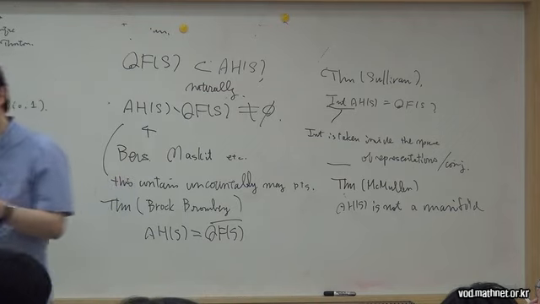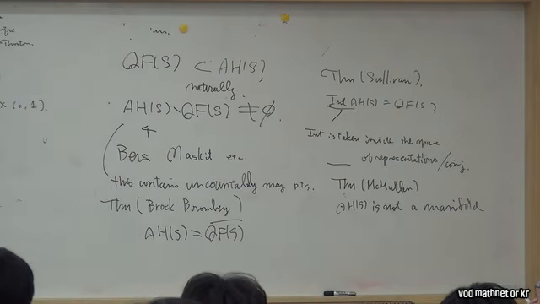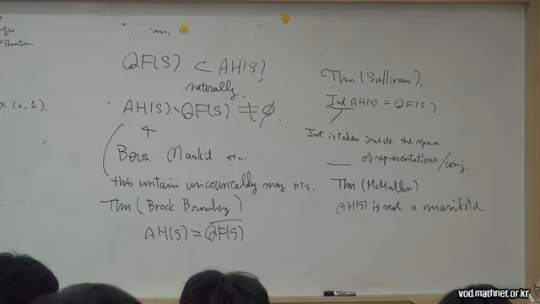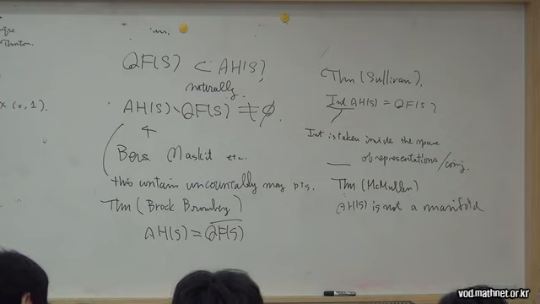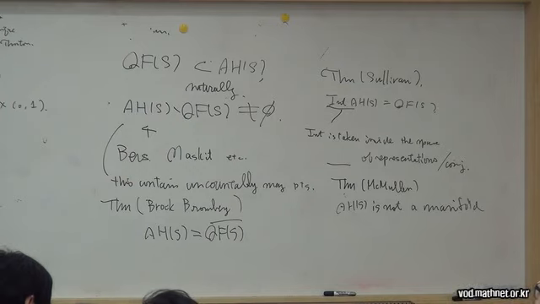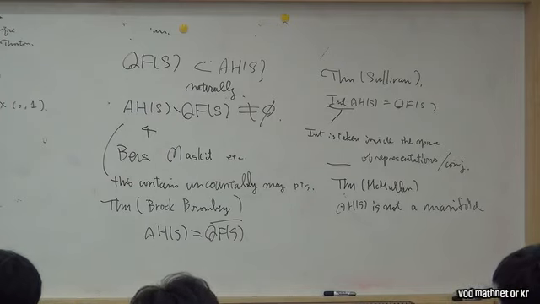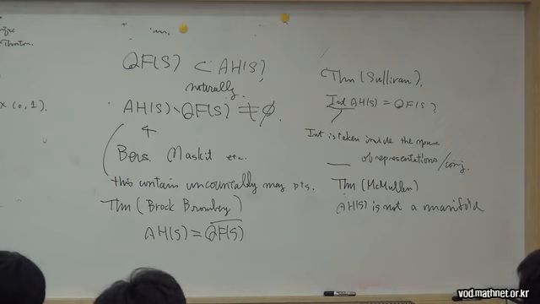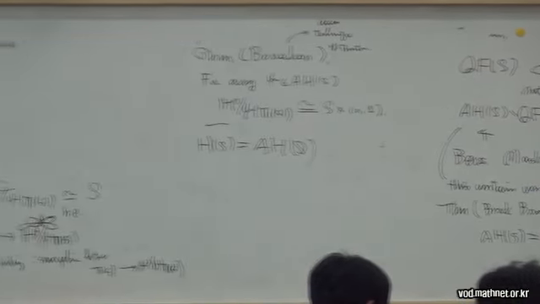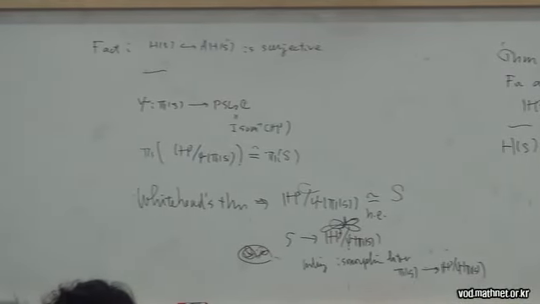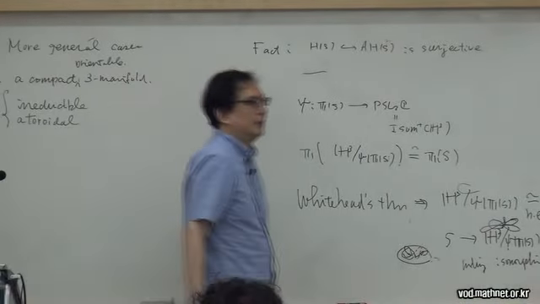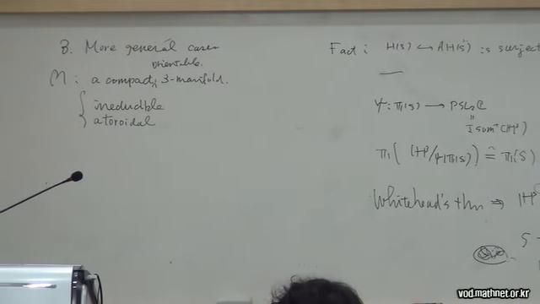So in general, what we have to consider is a compact three-manifold which is compact, orientable, and satisfies two conditions. The first condition is irreducible, and the second condition is atoroidal.